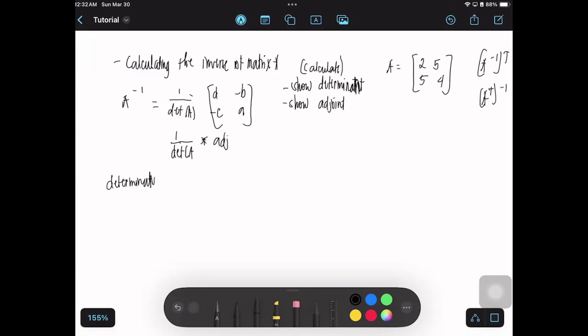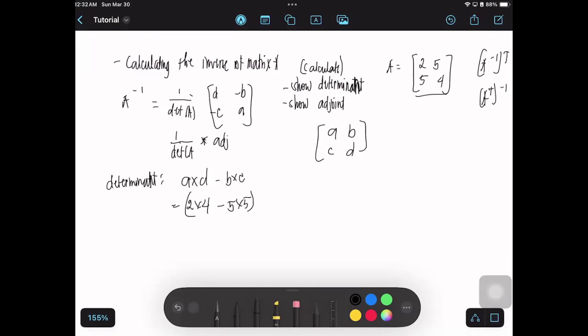For the determinant, since this will be 2 by 2, it should be like this: A, B, C, D. The formula for the determinant is A times D minus B times C. So it will become 2 times 4 minus 5 times 5. That will be your determinant for the 2 by 2.